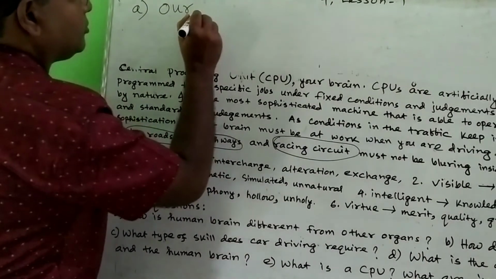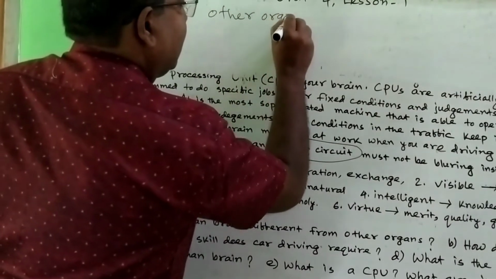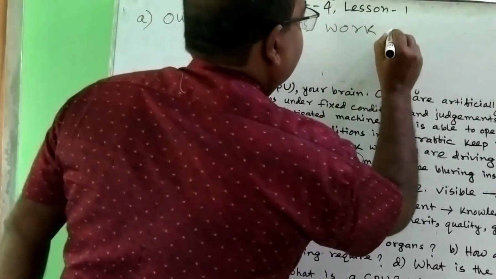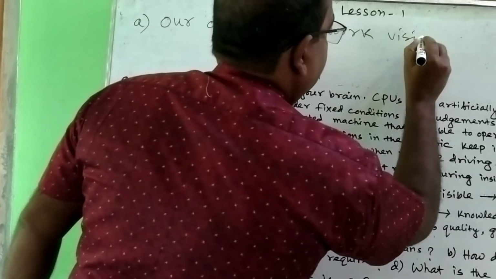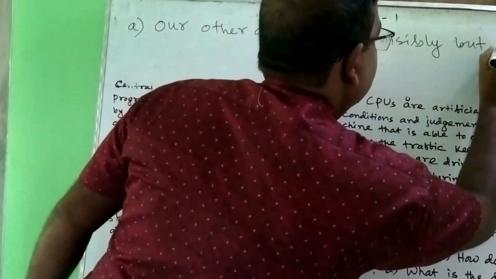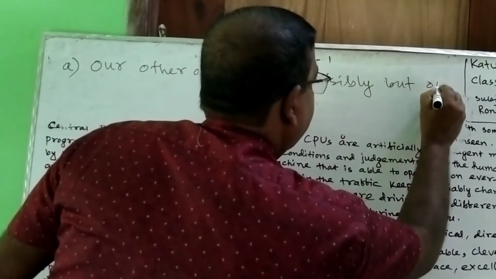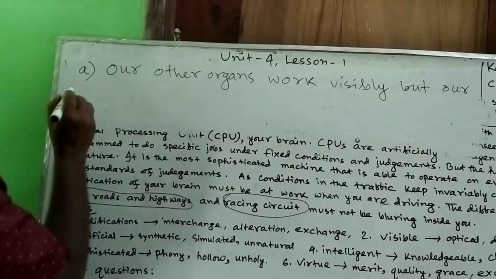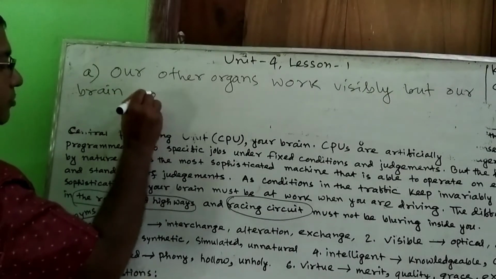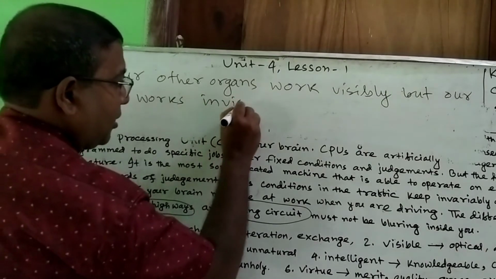Our other organs work visibly, but our brain works invisibly.